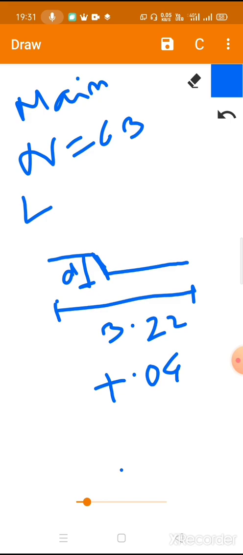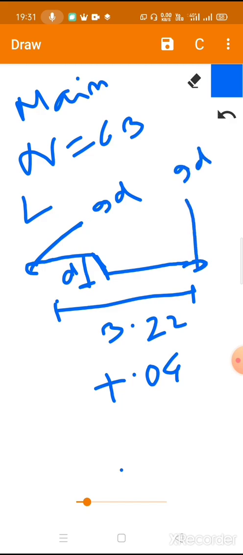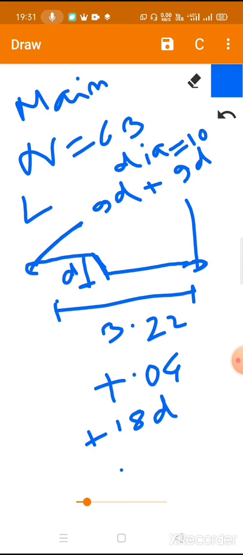So 3.22 plus 0.04, plus there will be hooks provided like this on both sides for better grip, for better bonding between reinforcement and concrete. The length for one hook is 9 times the diameter of the rod. So this side 9 times the diameter, this side 9 times the diameter, so total 18 times the diameter of the rod. Here the diameter of the rod is assumed to be 10 millimeter, that means 0.01 meter.